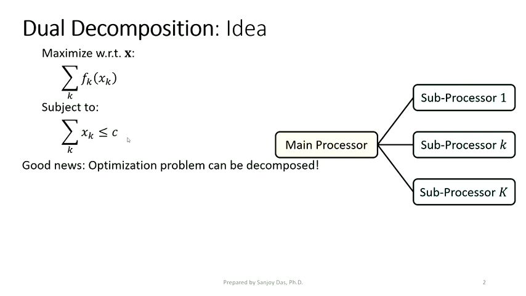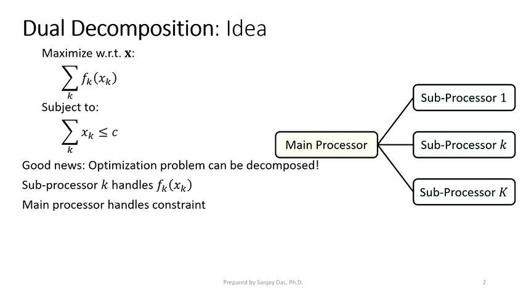We'll find the Lagrangian, and as the name says, it's dual decomposition. So we'll find the dual of this optimization problem. And so the main processor takes care of the Lagrange multiplier. Okay, so this is how it will work. And let's go over the details.